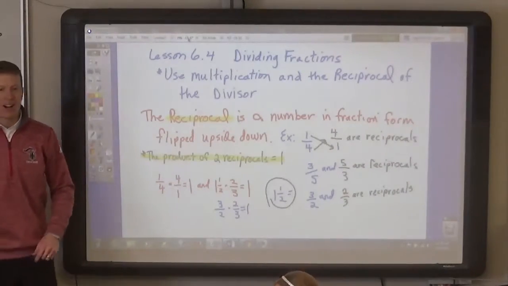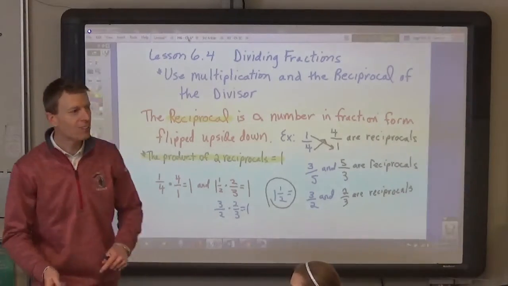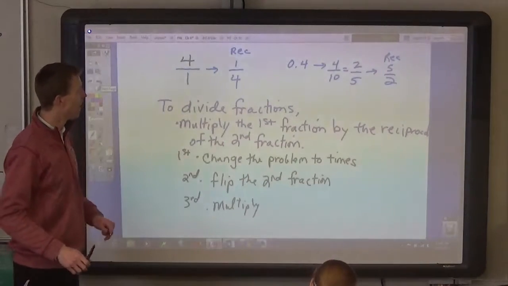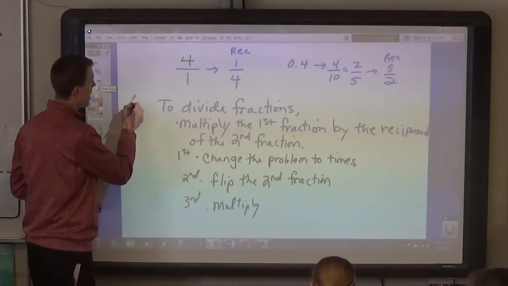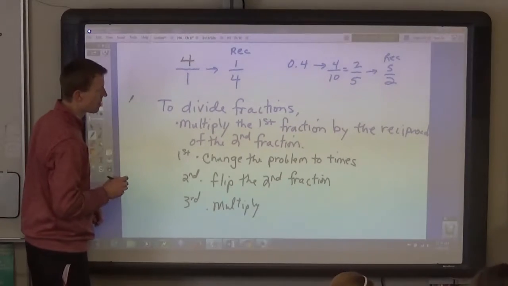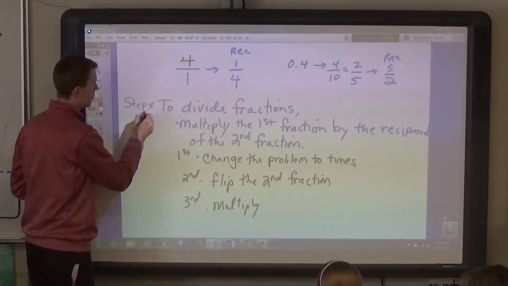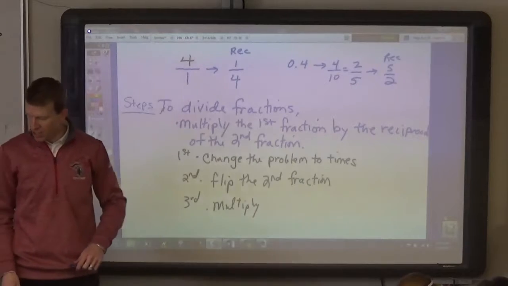Alright, well, we're going to use those reciprocals to find the answer to a division problem. Alright? You need to copy this down. These are the steps to divide fractions. Write this down. The steps to divide fractions.